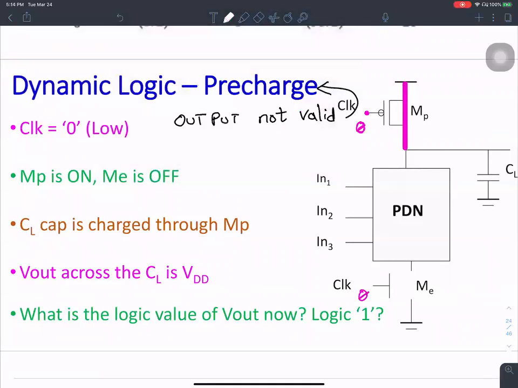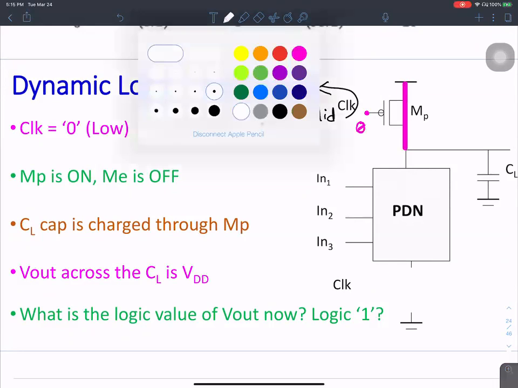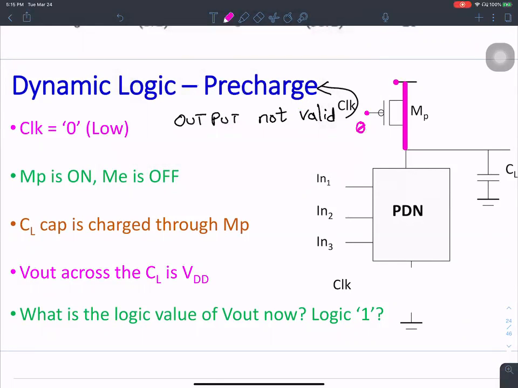So the output is floating. There is no connection available to ground. The only connection available is from VDD, the power supply, to the load capacitance here.